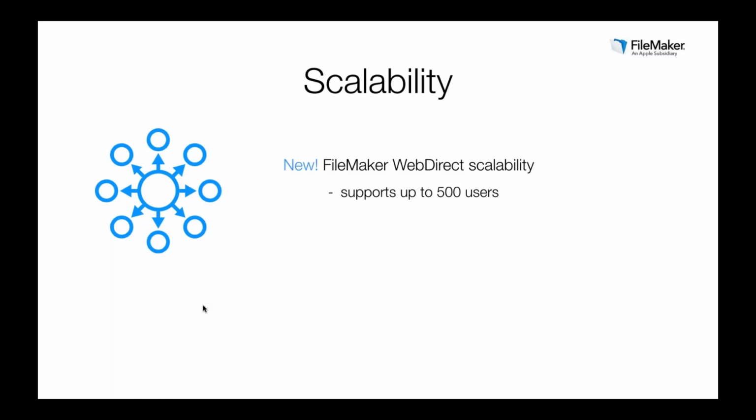Scalability. For those of you who have been testing the waters with WebDirect, the first iteration of WebDirect, I believe, was a beta as well. It was a trial, and it supported 5 or 10 users if you developed really well. Then version 15 came out, and I think we scaled it up to 25, maybe 50 users.